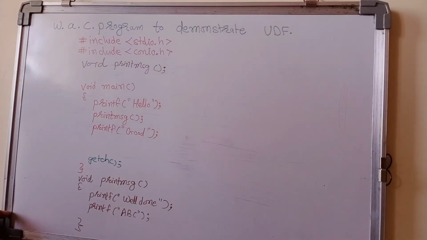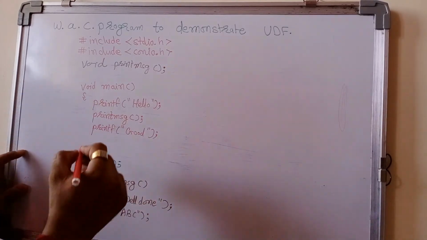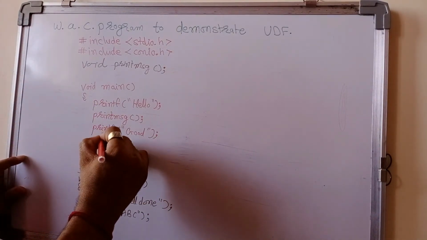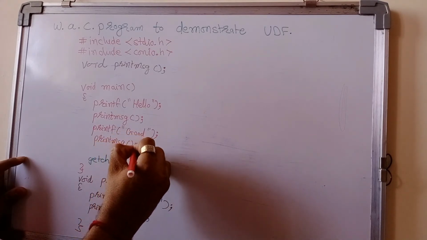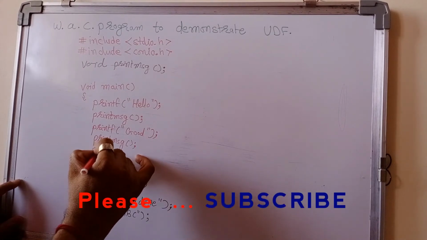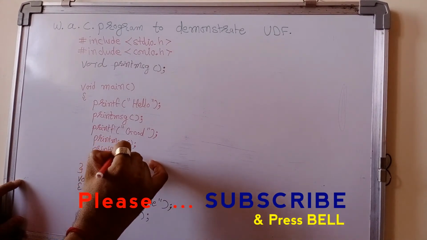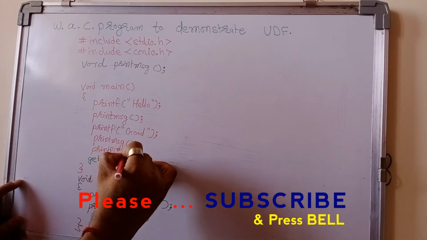I am going to write one more calling statement in the void main function. Suppose I write here printmsg, that is my function call again, and then a simple printf statement saying good night.